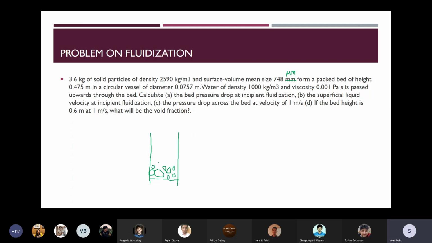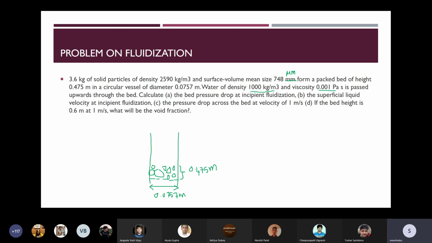Once you pack these particles in a bed, it leads to a height of 0.475 meters, and the diameter of this vessel is 0.0757 meters, and they're using water to fluidize. Water density is 1000 kg per meter cube, viscosity of water 0.01 pascal second.